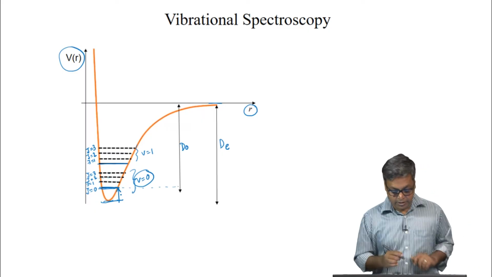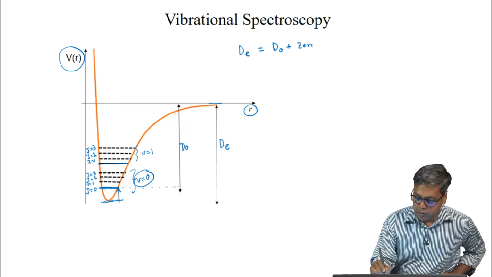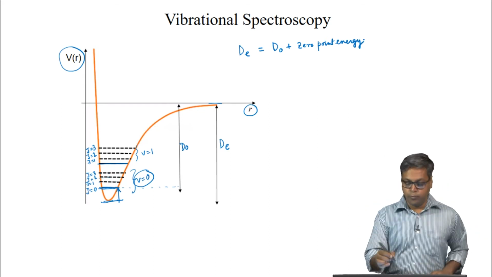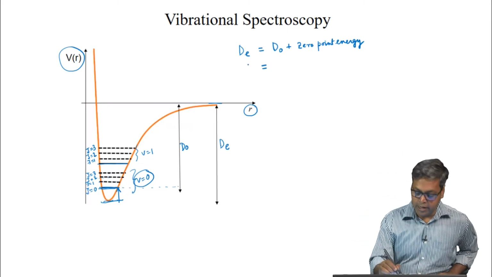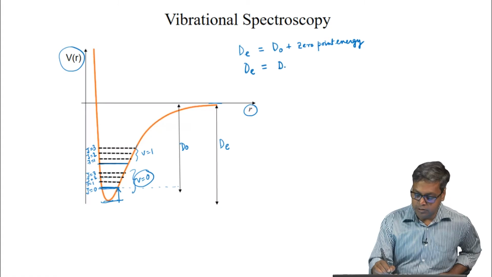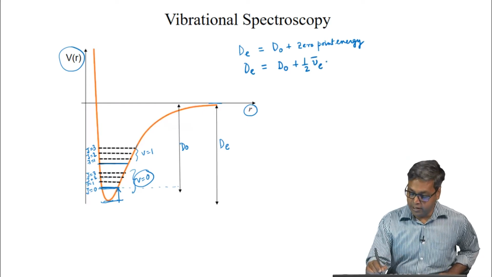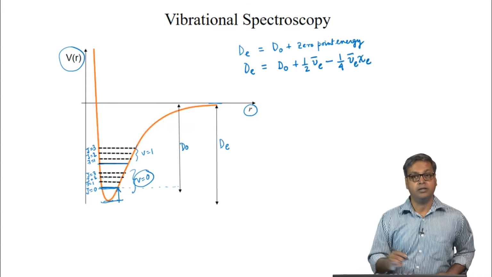So, we can write D_e equals D0 plus the zero point energy. And if we put in the energy expression for an anharmonic oscillator, we can write D_e equals D0 plus half nu bar e minus one quarter nu bar e chi e.